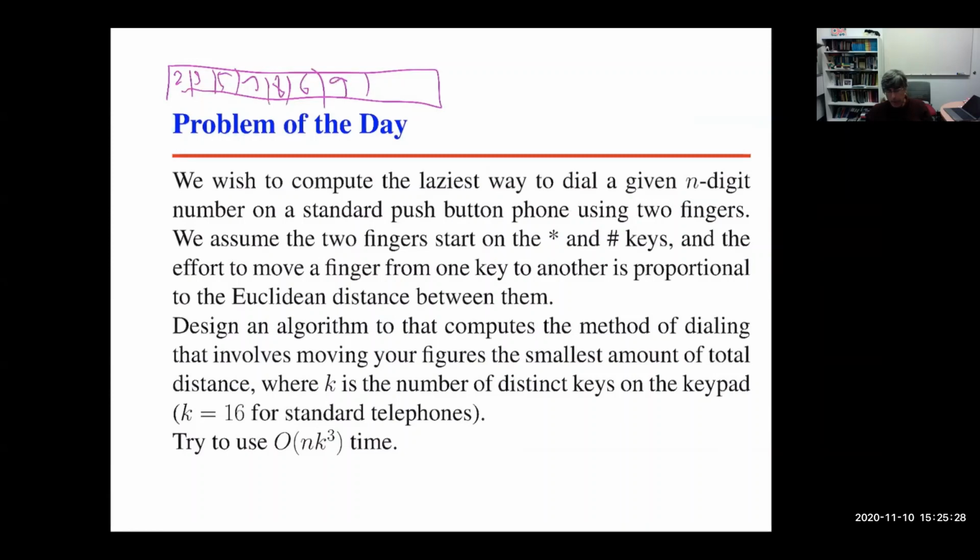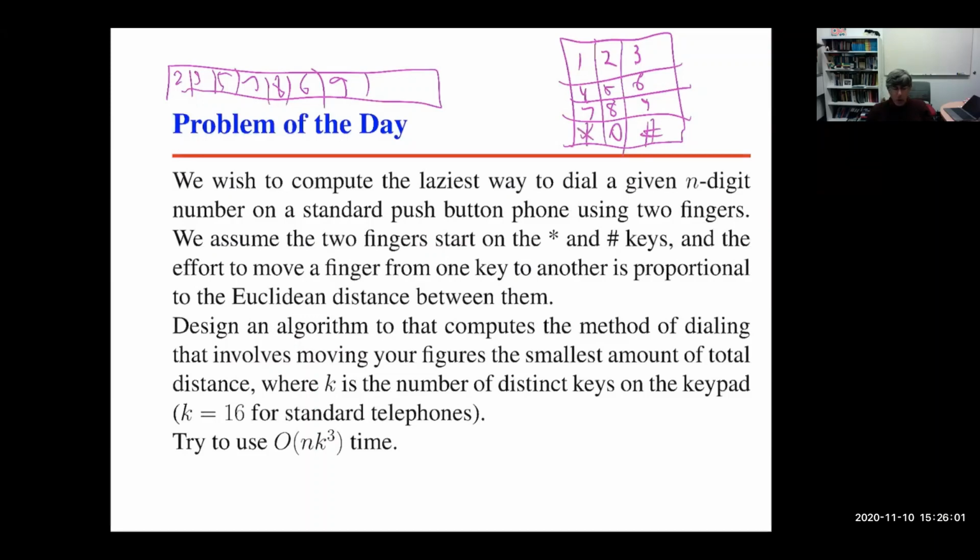You have a phone. I grew up thinking of phones differently than you. I think of a phone as having a keypad like this. On my keypad, the digits are arranged 1, 2, 3, 4, 5, 6, 7, 8, 9, and then I have a 0, and it looks like I have a pound and a star.